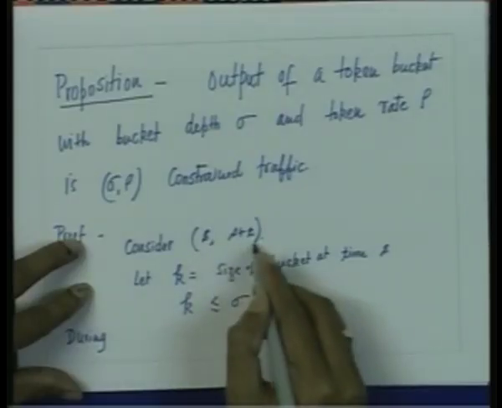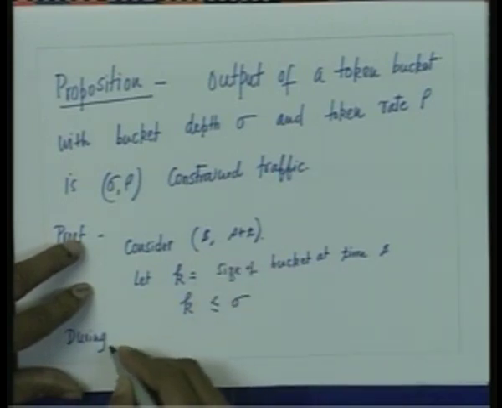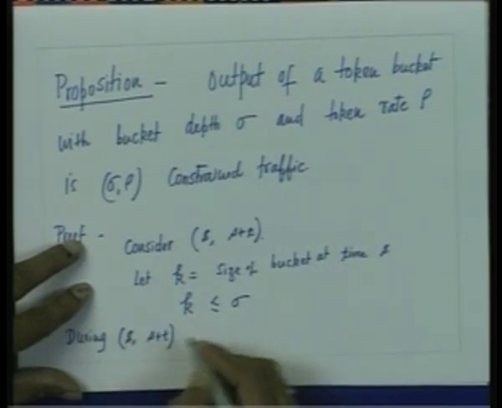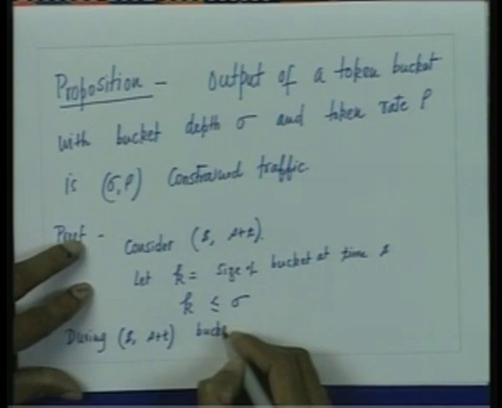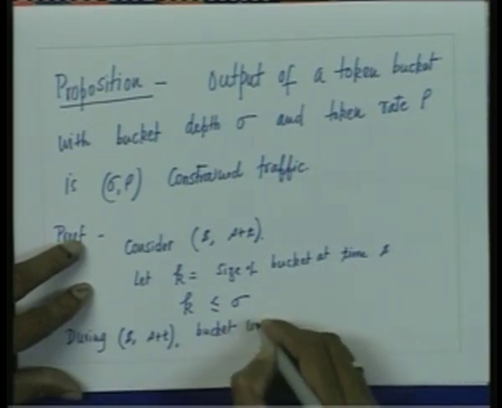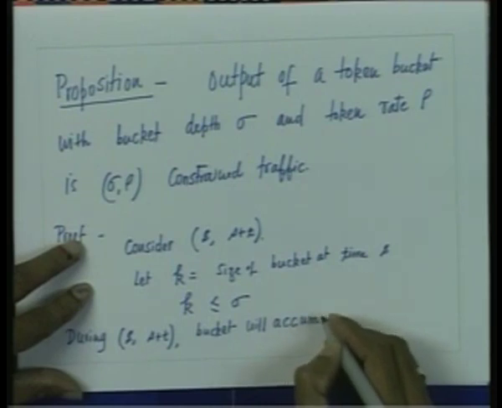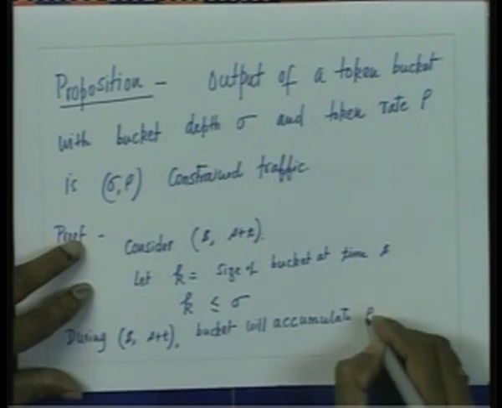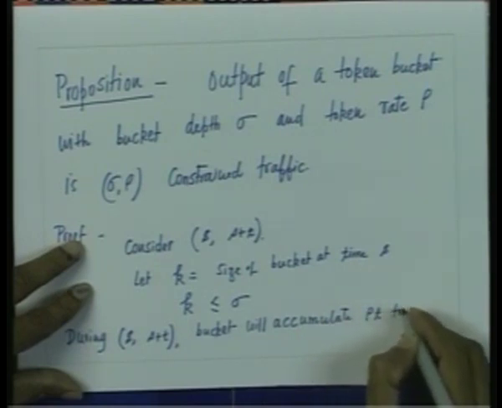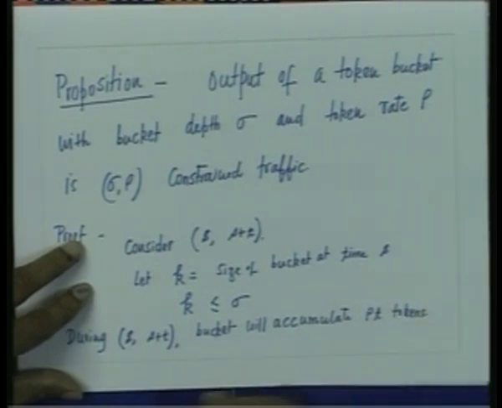Now during this interval from S to S plus t, the bucket will accumulate rho into t tokens, right?